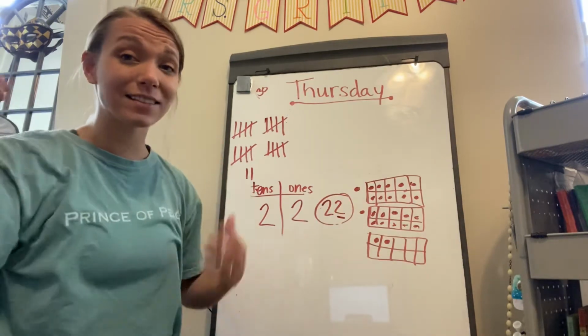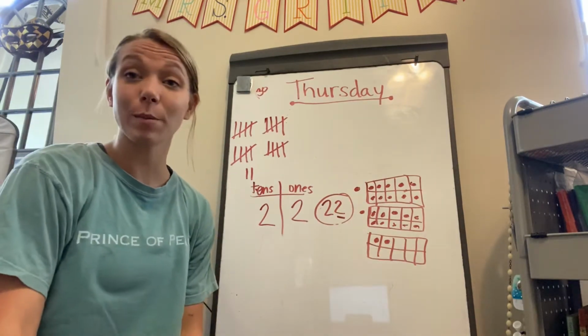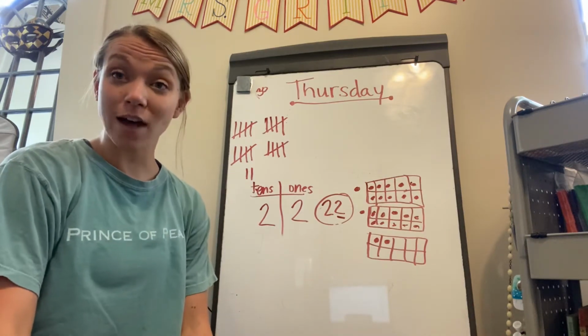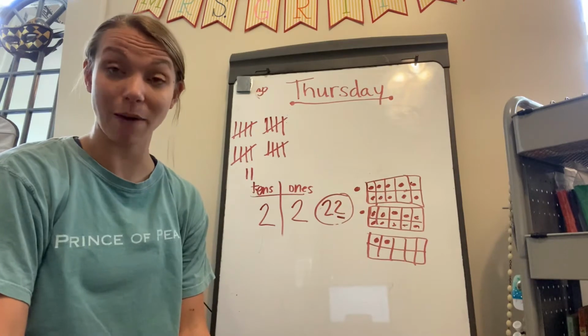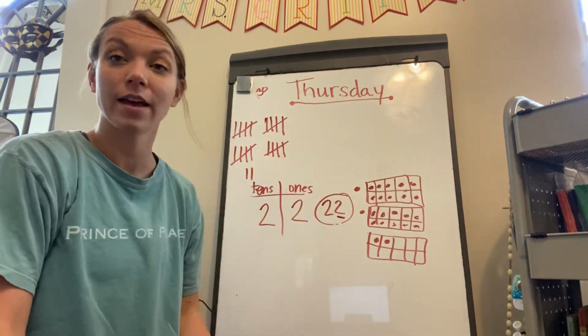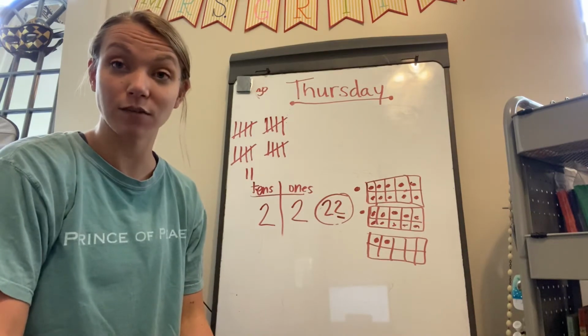Now, you can make this as easy or hard as you want. Remember to always start with 0 and work your way up. See if you can find the pattern. Yesterday we talked about a pattern when we're adding 0 plus something, 1 plus something. See if you can find that for yourself today.